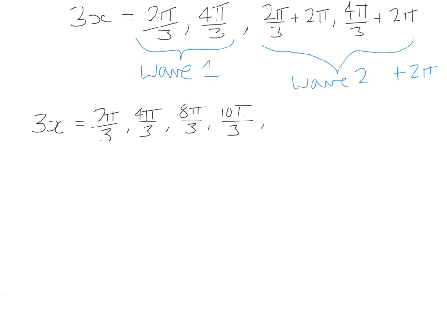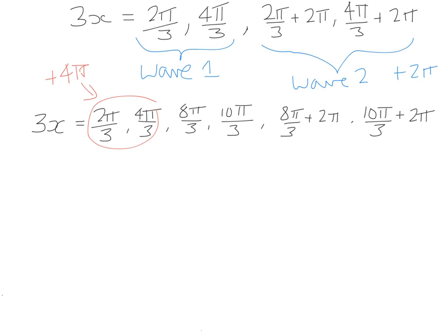And then we need to find our third wave values because we said we would have 6 solutions. So far we've got 4. So we're going to take 8 pi over 3 and add 2 pi and 10 pi over 3 and add 2 pi. Alternatively, we could have added 4 pi to the original two values. So you could have taken these two and added 4 pi if you'd wanted, and that would have given you the next two values, so the third wave. This here is going to be wave 3.